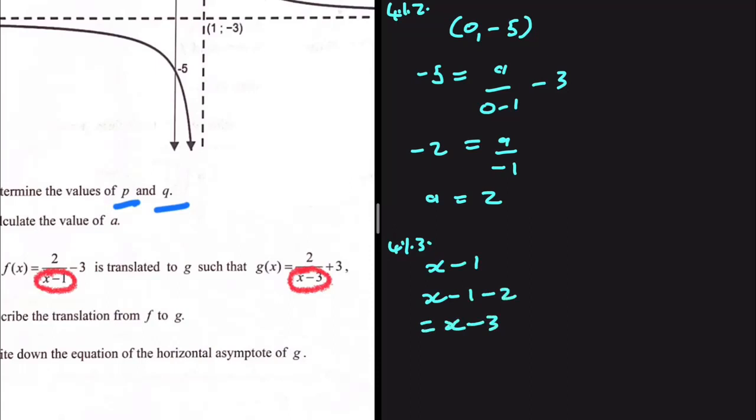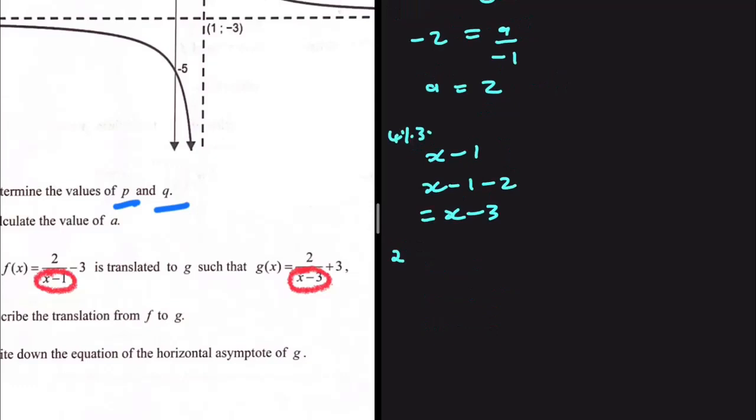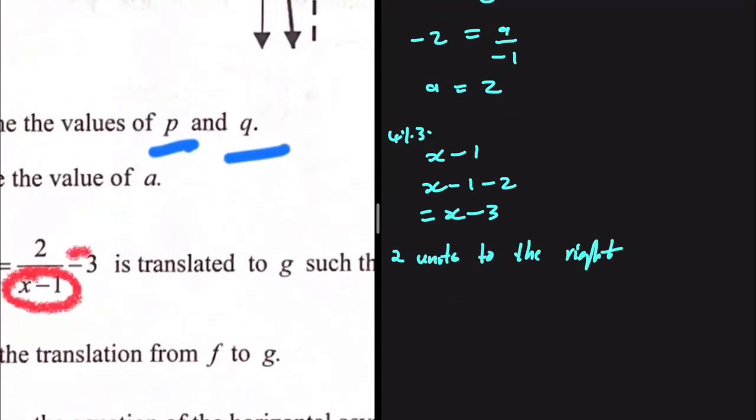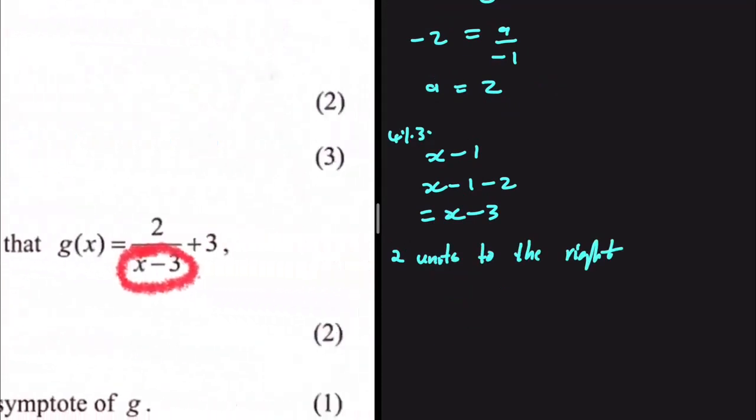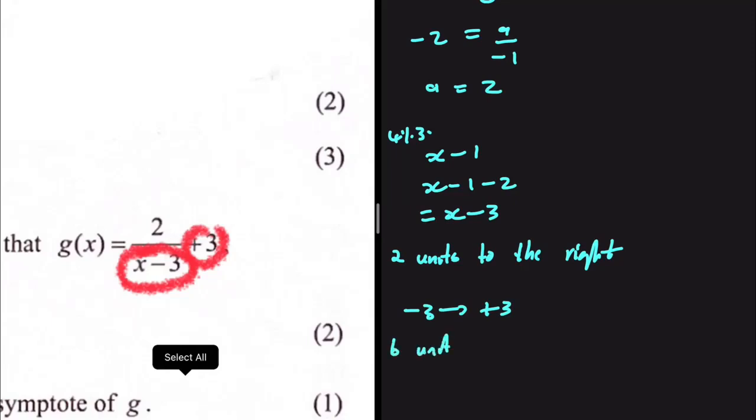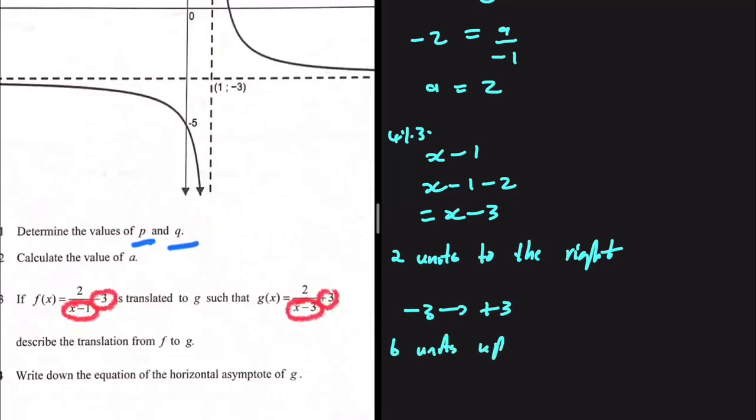So we have moved 2 units to the right. On f(x), we have −3. On g(x), we have +3. From −3 to +3, you need to add 6. So we have shifted our graph 6 units up.